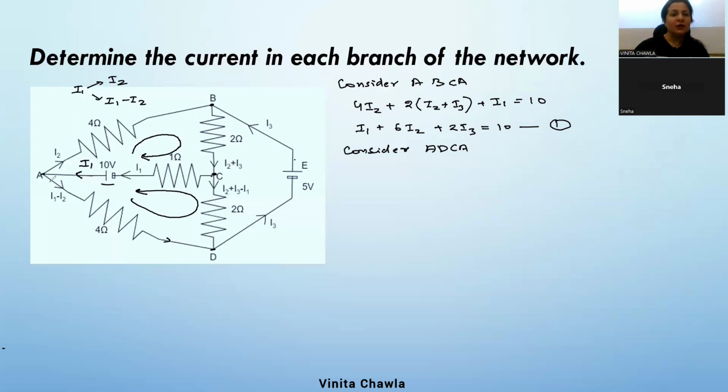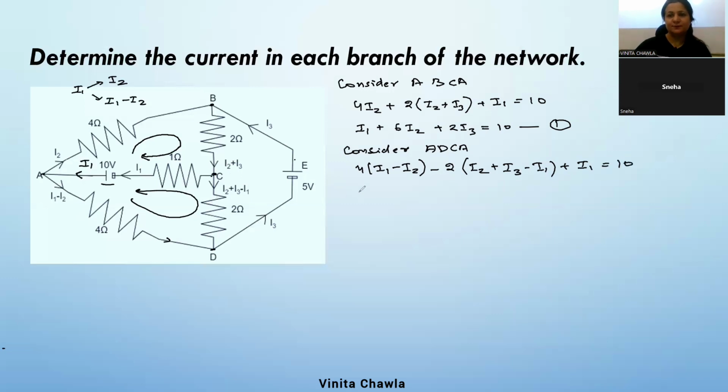A D C A. So A में से A to D 4 है, 4(I1 minus I2), फिर 2. अच्छा, ये नेगेटिव जा रहा है, देखो we are going against this ना. यही बोल रहे थे. minus 2(I2 plus I3 minus I1). अब इसके डायरेक्शन में ही है तो 1 ओम है. 1 into I1 is equal to plus 10.